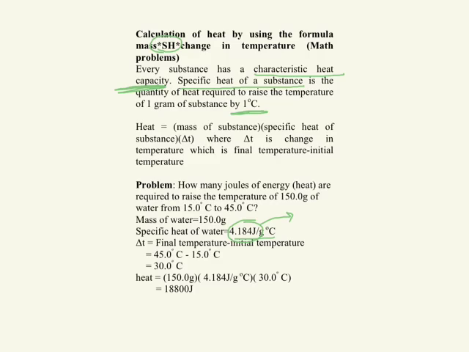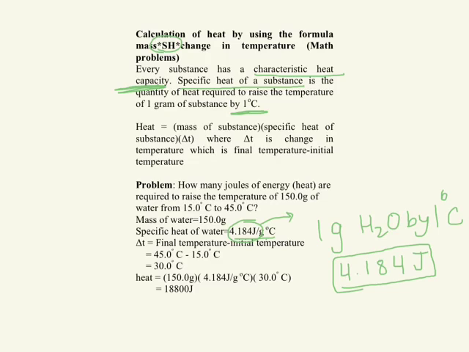This means that if you want to change the temperature of 1 gram of water by 1 degree Celsius, then 4.184 joule of heat needs to be supplied, or 4.184 joule of heat is required to raise the temperature of 1 gram of water by 1 degree Celsius. That's the specific heat of water. So let's look at this problem here.